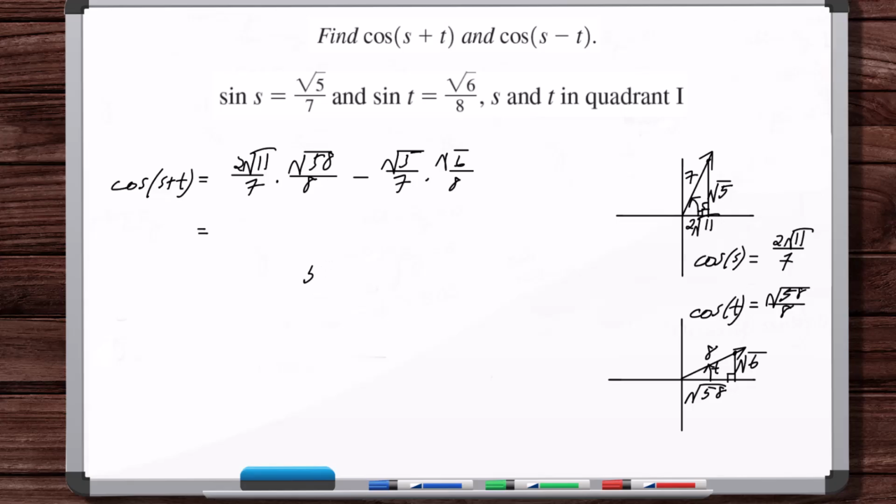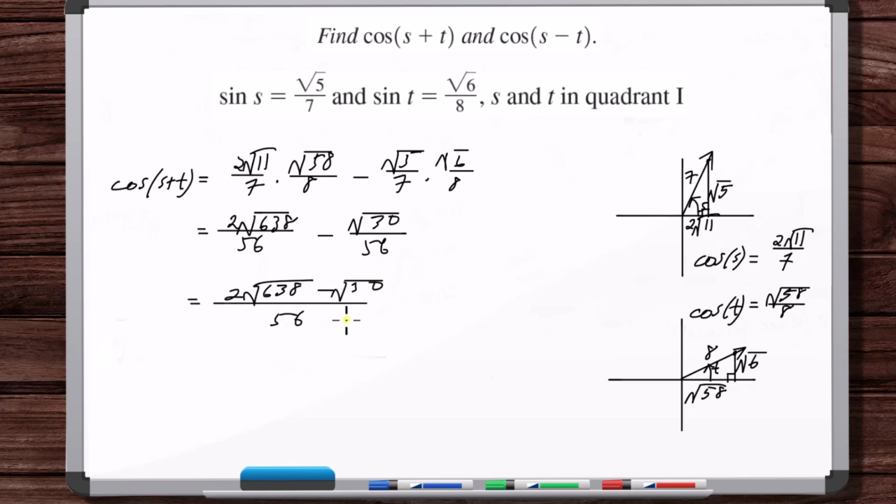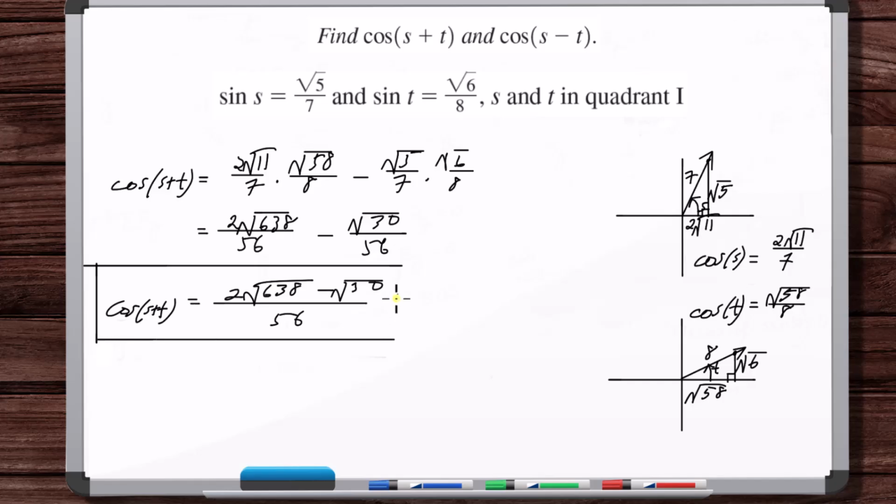So okay, and then 6 times 5 is 30. Okay, so that is cosine of S plus T, and then cosine of S minus T is going to be similar.